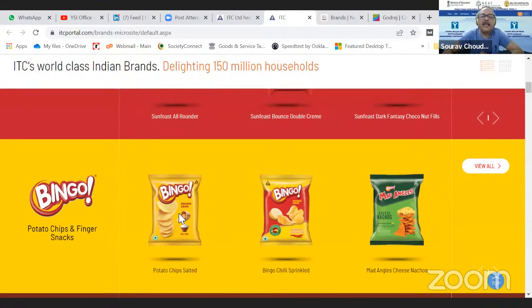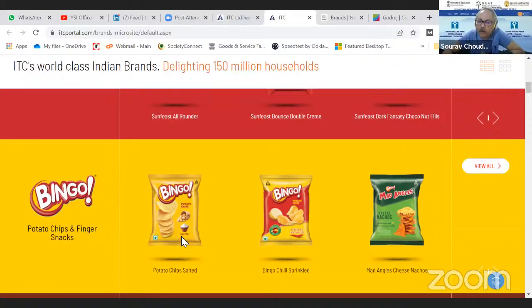Okay, let me take ITC Bingo. So in that hierarchy, ITC is the corporate brand name. Bingo is the family brand name. Bingo potato chips, chili sprinkled and salted. So what is the brand hierarchy here? ITC, Bingo, the descriptor is potato chips, and salted is the variant.